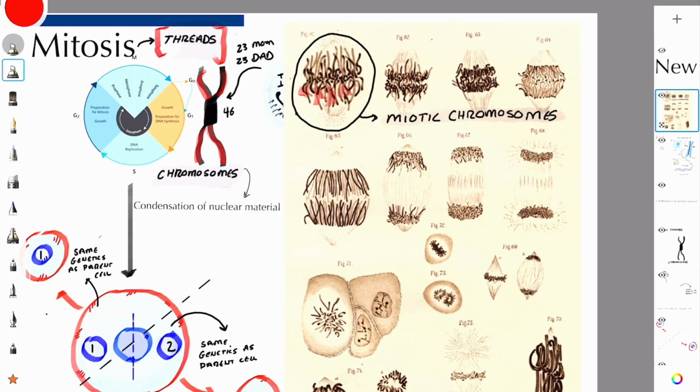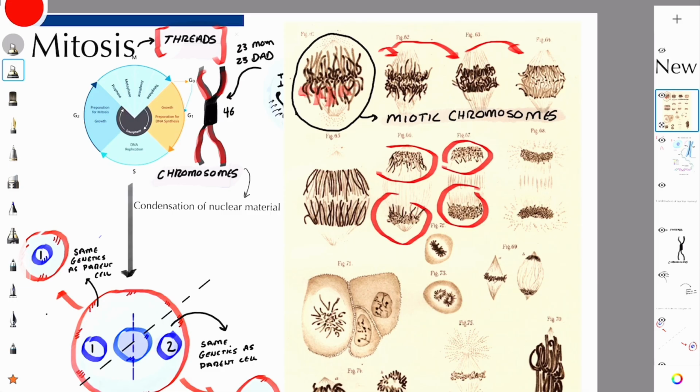And we call these mitotic chromosomes because you can see that they go through this process of aligning in certain ways and then eventually splitting. You can see a split here, a separation here, and then how they get packaged into two new nuclei.